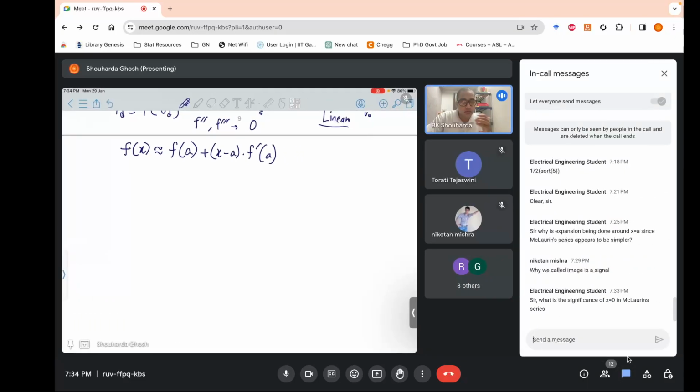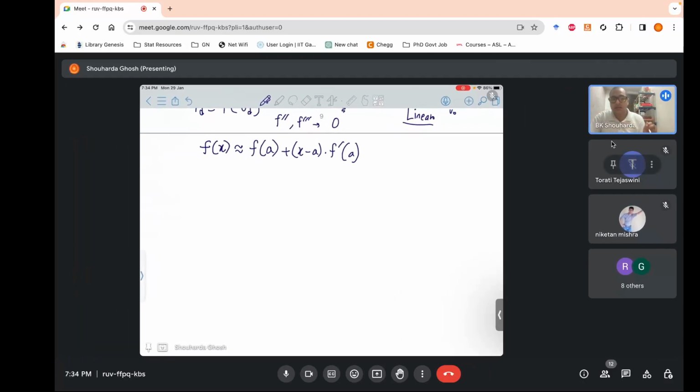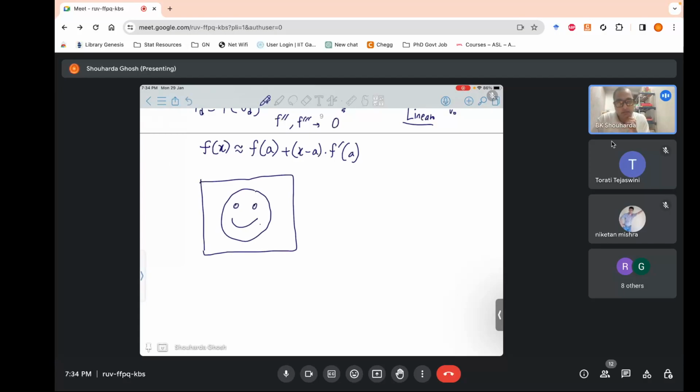Okay, so why do we call an image a signal? Two answers to this, one in terms of the general. So if somebody sends you this image on WhatsApp, let's say you ask somebody how are you, and you get this, you get to know something about that person's mood, right?